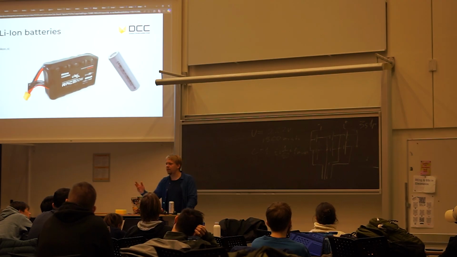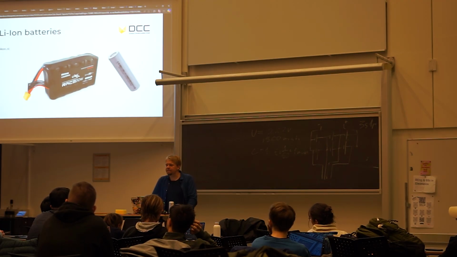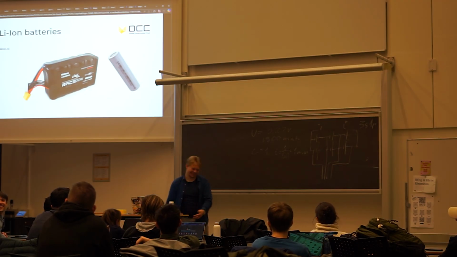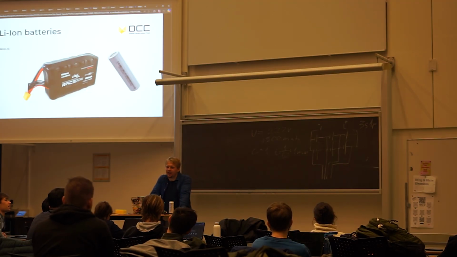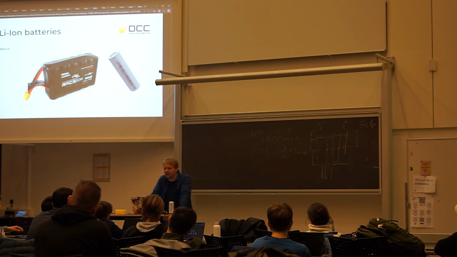If you don't have a BMS, how do you make sure that you don't go below zero voltage? The flight controller usually has a voltage sensing pin, or the ESC does. You have to make sure with the software yourself that that doesn't happen.